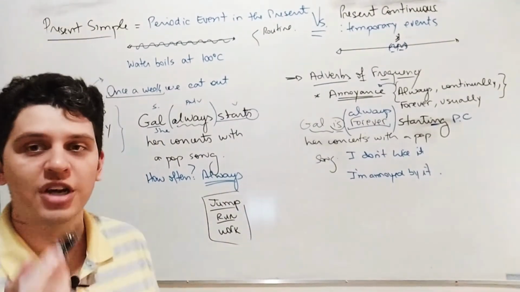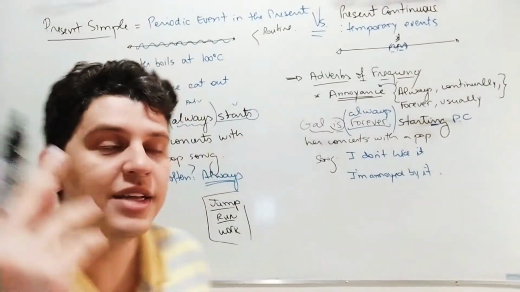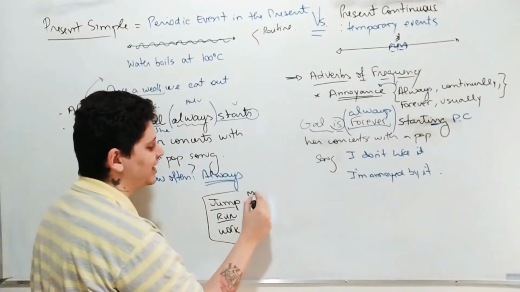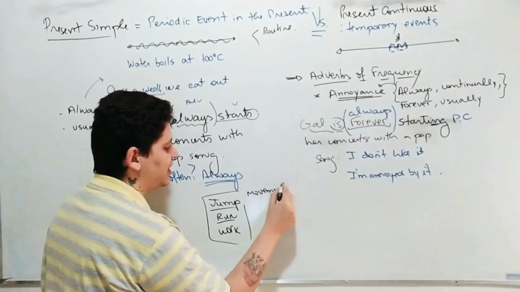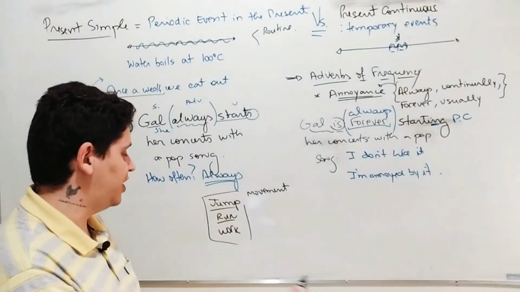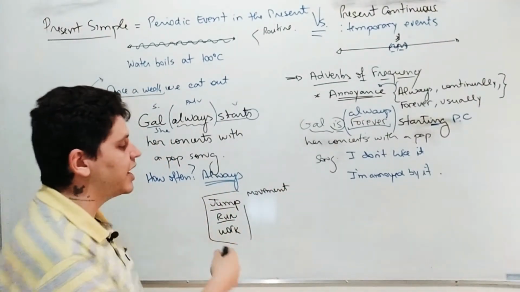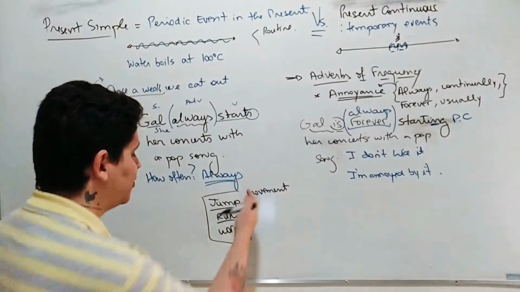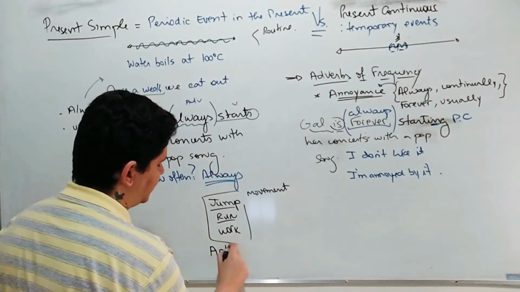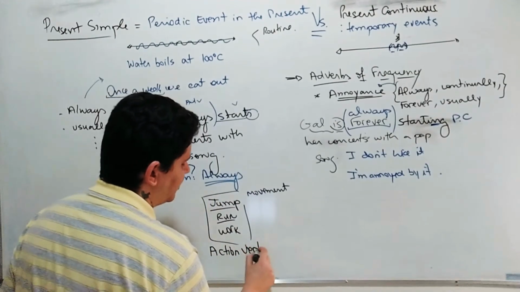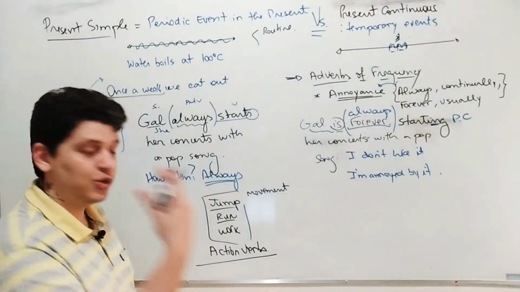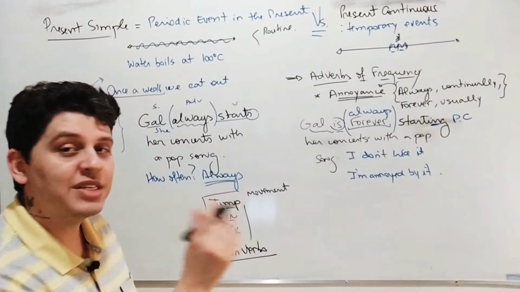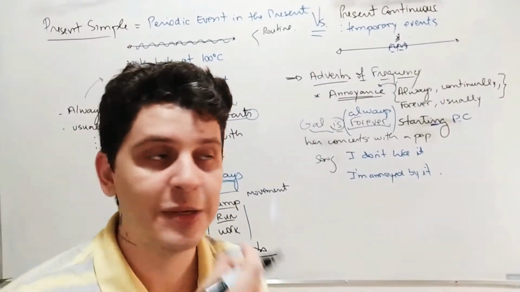If I tell you what jump is, you can imagine it involves some kind of movement, isn't it? Because when you jump, you're moving. When you run, you're moving. When you work, you are moving. There is movement. So as there is movement, we call them action verbs. Because whenever I use them, some kind of movement is understood or is inferred.